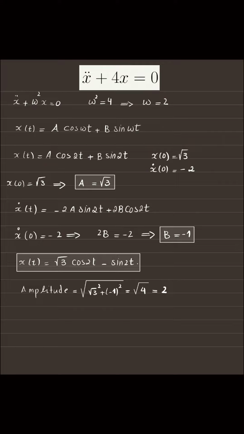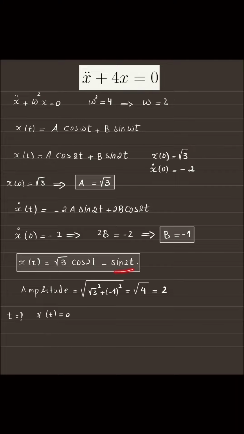But now we want to see when the particle is at the origin for the first time. So it means that I am interested in a time for which x of t is 0 and t is the first possible value. Okay, so I have to solve a trigonometric equation.